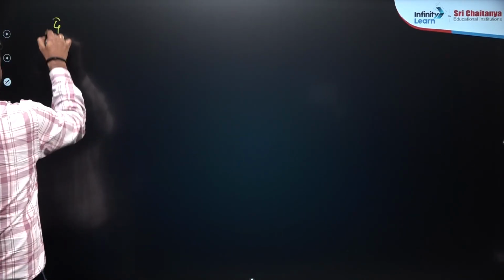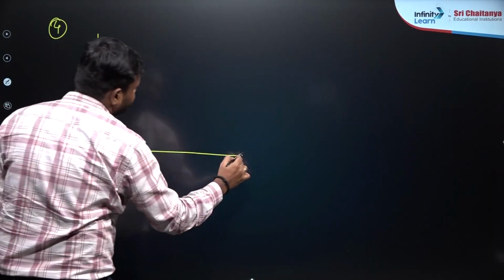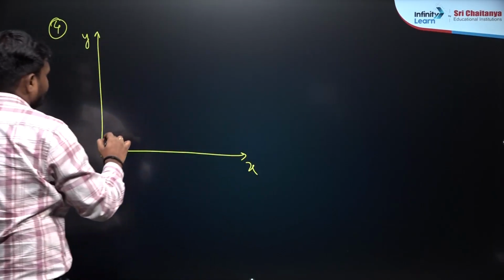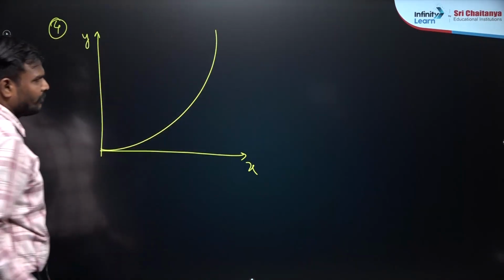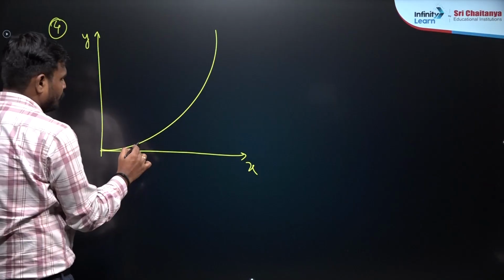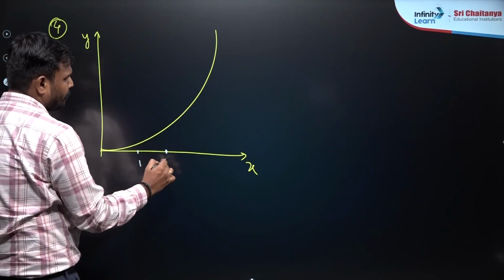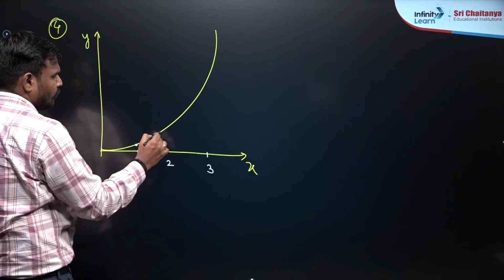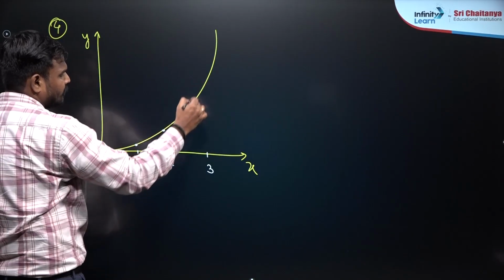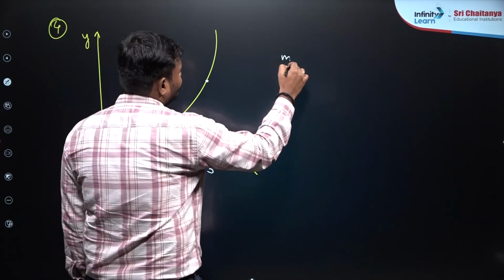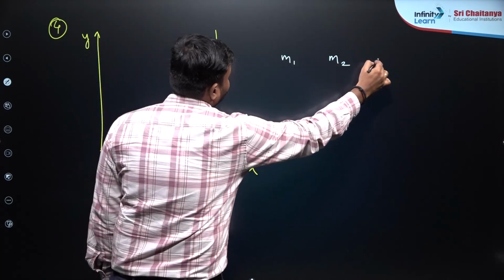Let us say we have a question in this fashion. They have given different points: point 1, point 2, point 3. At individual points, they want us to find the slopes, M1, M2, M3.